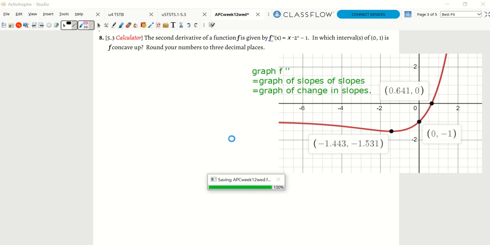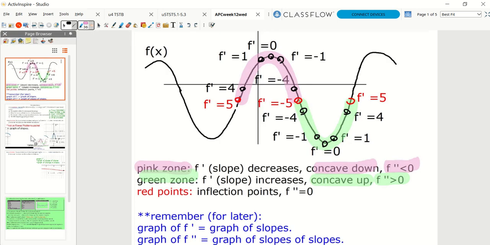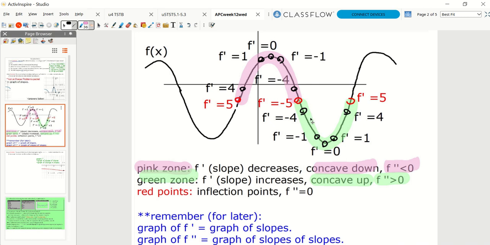All right. Now, we're looking for where f is concave up. So again, if we go back to the graph that I have shown a million times, if you're concave up, it means the change in slopes is positive. Slopes are changing in a positive direction.